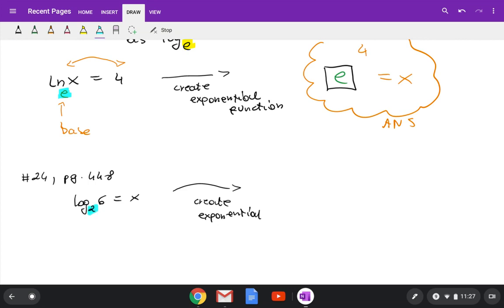The base of the log is equal to the base of the exponent, so we have 2. Since the exponential and logarithmic functions are inverses, the remaining expressions or numbers will switch position. So now next to the base it's going to be x, and 6 will be outside. Okay, and this is the answer.